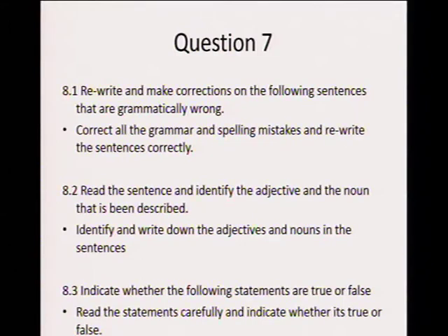You'll be given sentences. In these sentences, there are adjectives and there are nouns. So what you basically do is you identify and write down the adjectives and you also write down the nouns in the sentence. So you need to be able to identify what is an adjective and what is a noun.